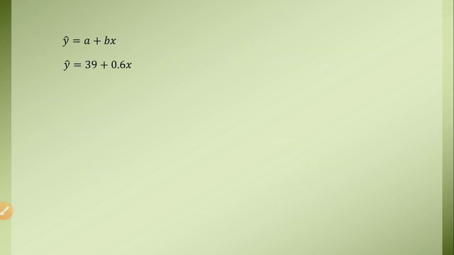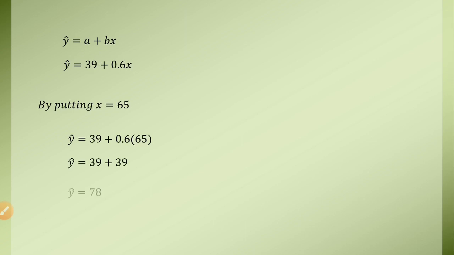Y cap is 39 plus 0.6 into x. I put the value of x as 65. So 39 plus 0.6 into 65. 0.6 into 65 is 39. 39 plus 39 is 78.